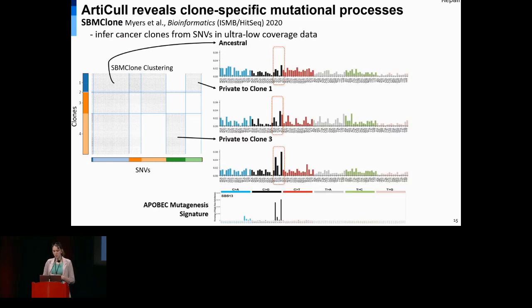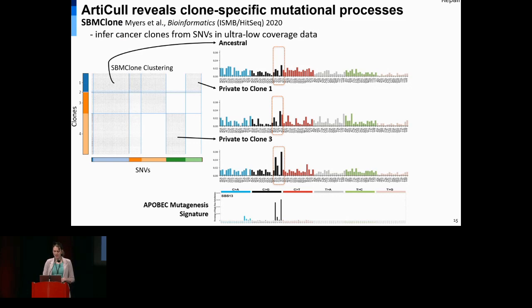And interestingly, when we look at different clones, we see slightly different mutation profiles. So the ancestral is up top. These are things that happened early in the evolution of the tumor. Here we have a set of mutations that's private to clone 1, and then a set of mutations that's private to clone 3, or clone 4, I guess, actually.